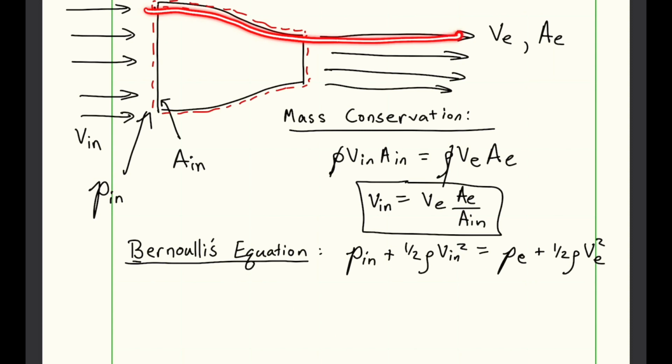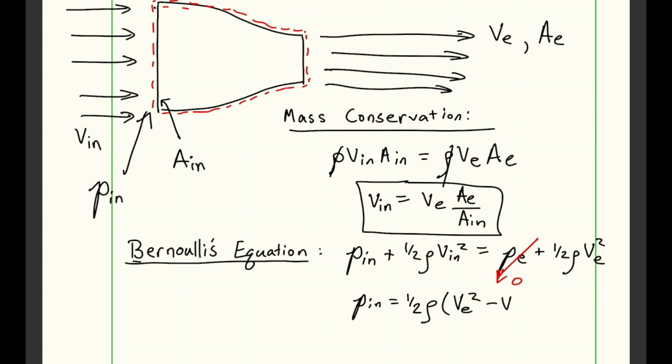Alternatively, it probably applies for these two if the changes in height are relatively small. But I'll neglect the gravity portion, the rho g times z portion. Also, the exit is at atmospheric pressure, so I'm going to work in gauge units. So the pressure is 0 at the exit, and that allows me to find that the pressure at the inlet is just half rho times the difference in velocities squared. You can use mass conservation to eliminate this if you wish, but at this point I'll just leave it the way it is.